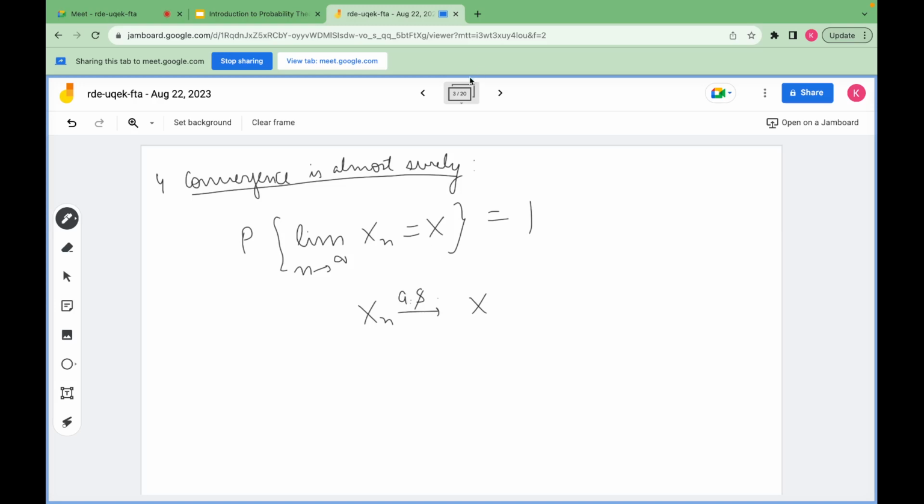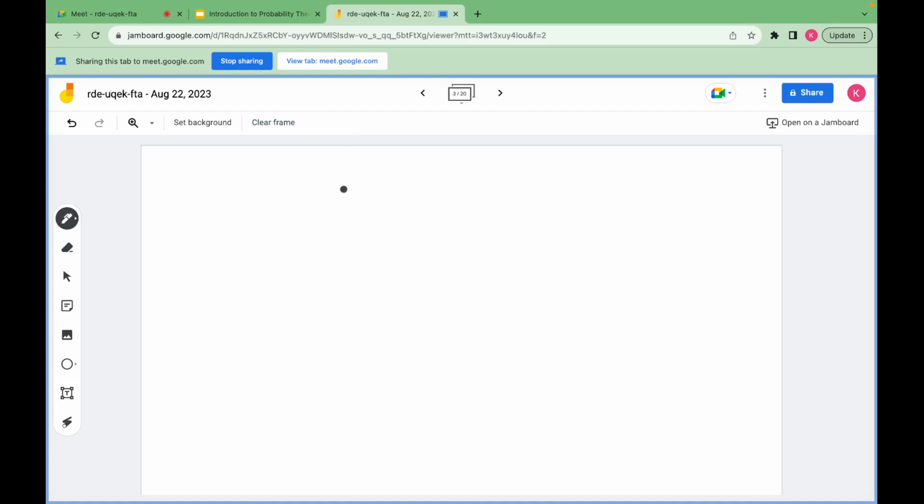So now there is some dependence. If Xn converges to X in probability, which is a probability based convergence, then it will converge in distribution also.